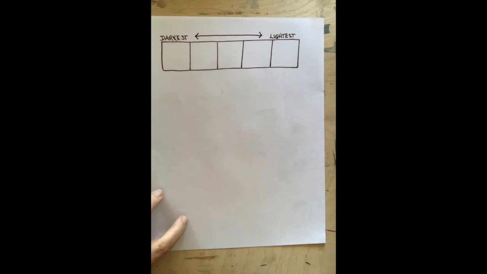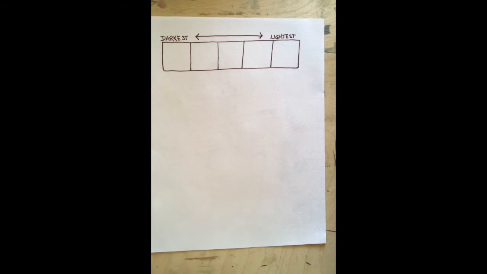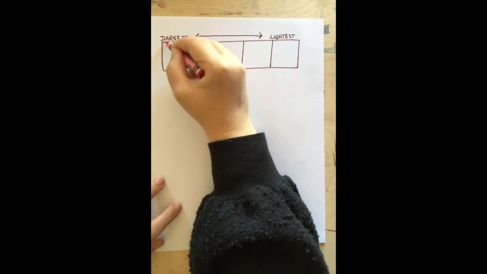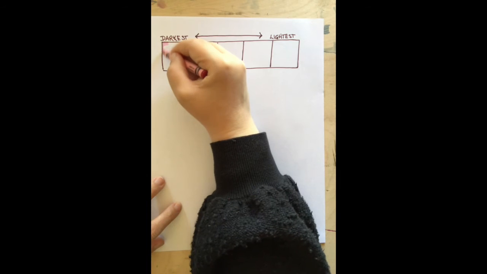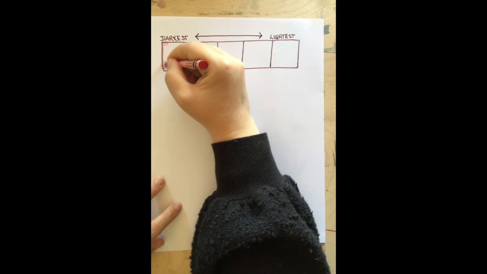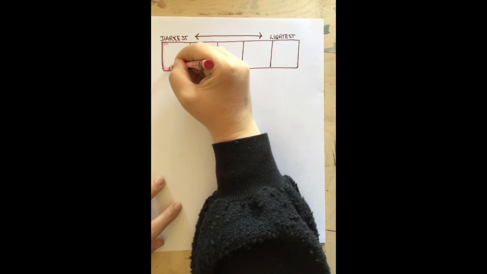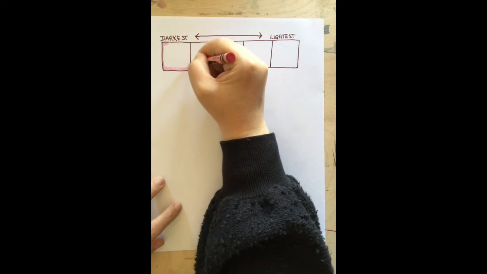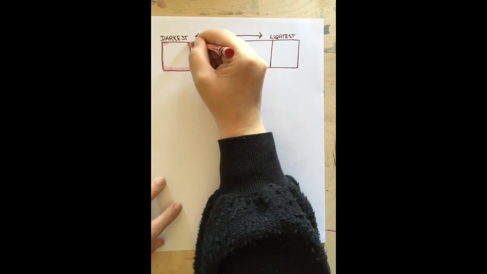So I'm going to choose any color I want, and you should choose any color you want. I'm going to go with a light raspberry kind of color. And I'm going to start in the darkest square. I always want to start in the darkest square because it's the most forgiving. It's very hard to go back once you've gone too dark and make it lighter because we're not using paint.